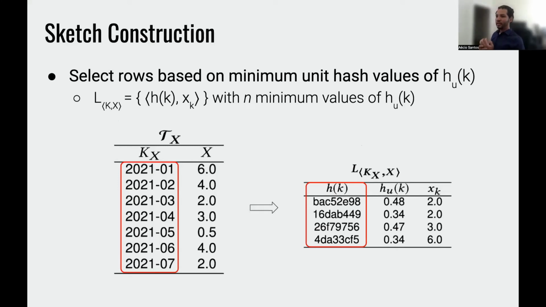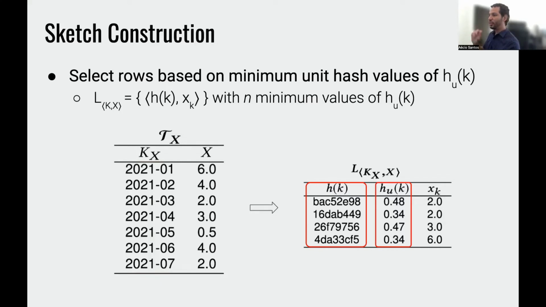So let's take a closer look at how we compute these sketches. Essentially, we use one hash function, and we apply this hash function to each key of the join key on our table, which generates this table on the right. And then we only keep in the sketch the rows that contain the minimum values of this hashing function.